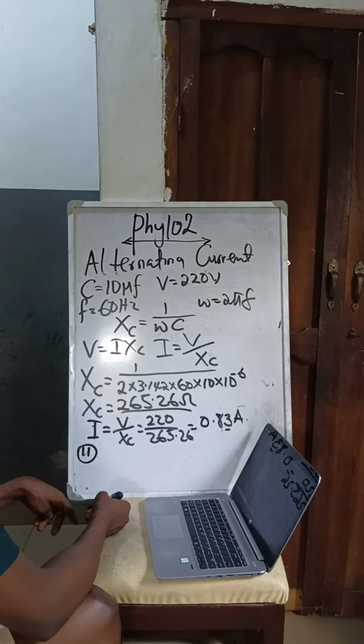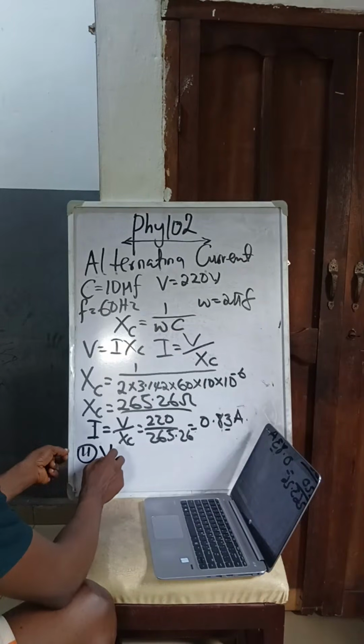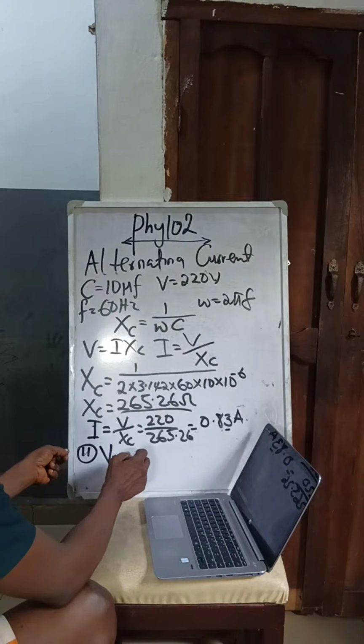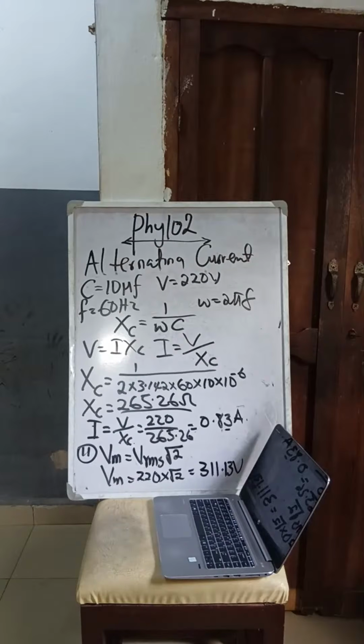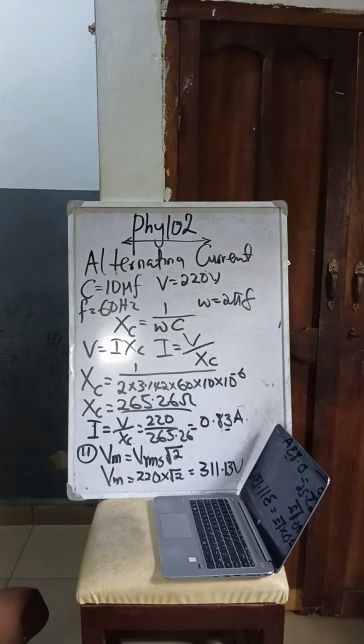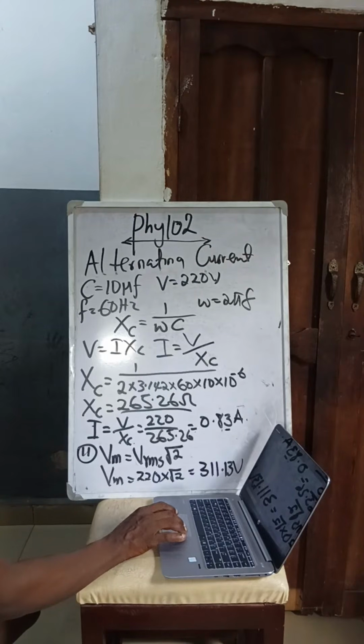We already know that V maximum or V peak is equal to I times XC.